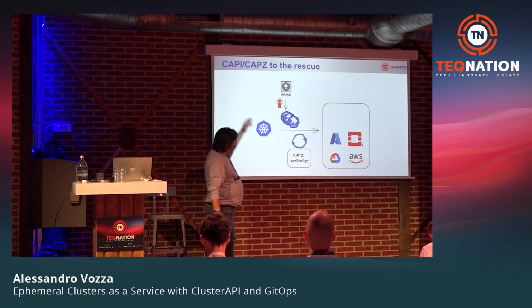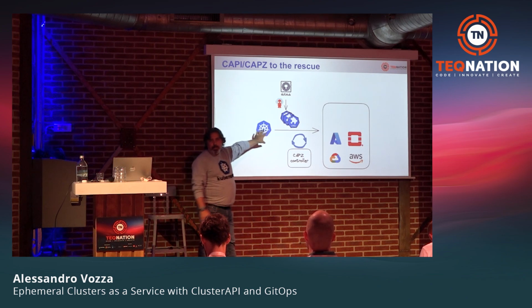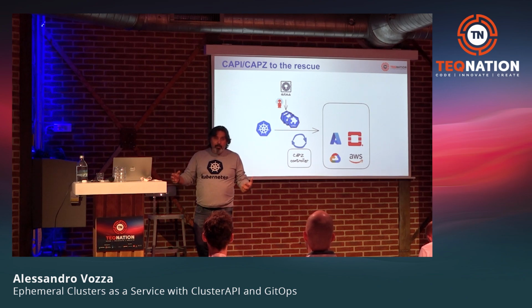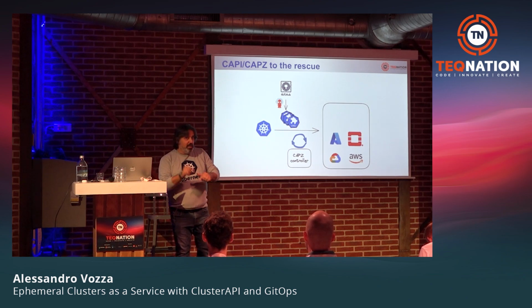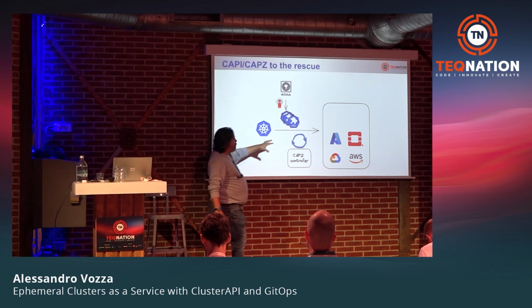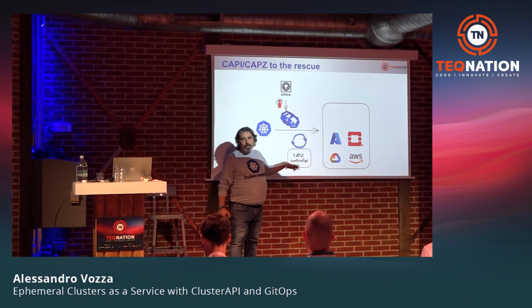So, simple: you get a Kubernetes cluster, that's the management cluster, you create a bunch of CRDs, doesn't matter how. You can do Helm, you can do kubectl create cluster, whatever, but what matters is that once you create this object, there is a controller.